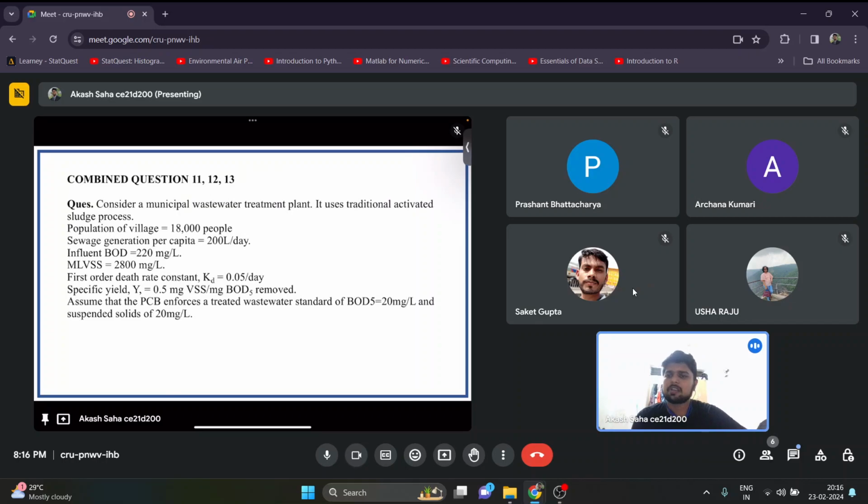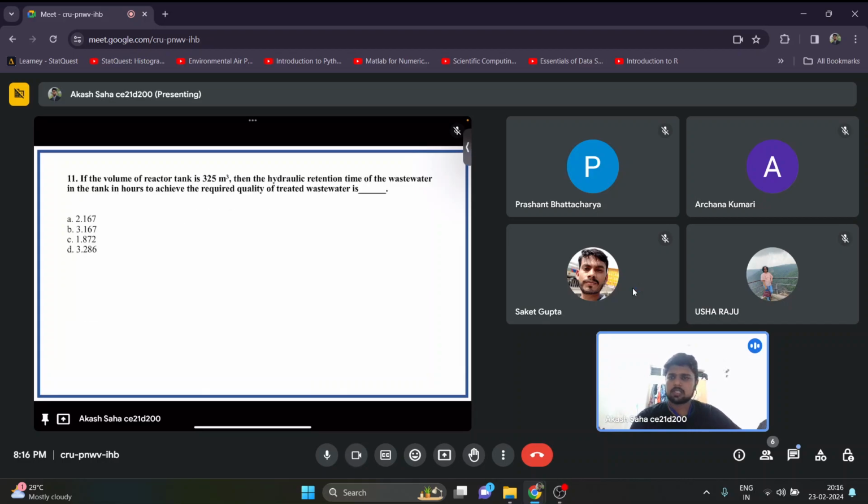We have been given that the population is 18,000 people and the per capita sewage generation is 200 liter per day. So 18,000 into 200 liter per day will give me the value of the discharge, in liter per day, or we can convert it into meter cube per day. If we directly divide V by Q, we'll get the answer.